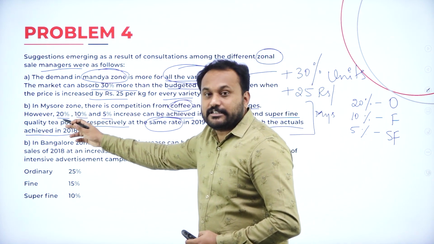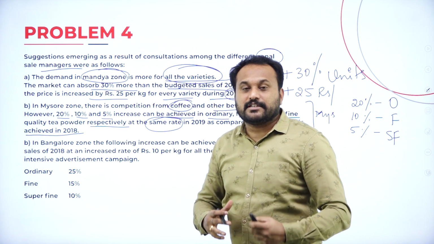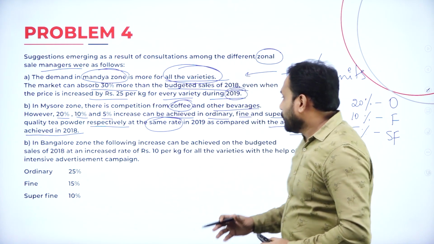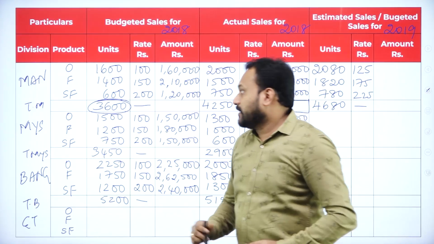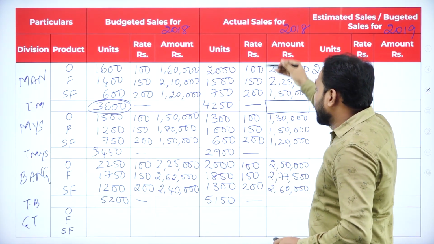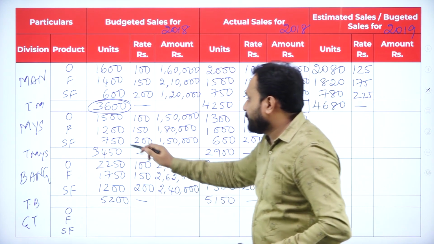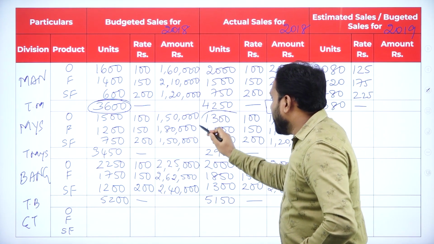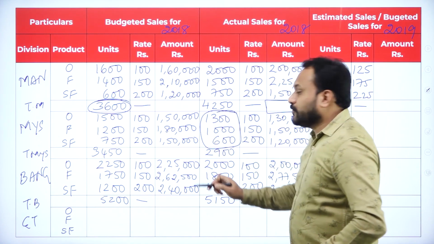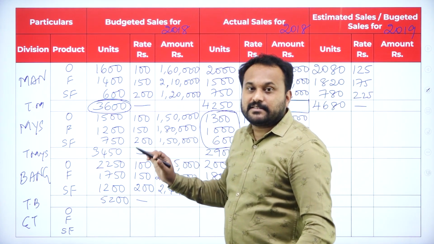So your increase of 20%, 10% and 5% is from actual sales of 2018. What is our actual one? Now understand, this is our actual. So we'll not increase from budgeted, we'll increase from these. These are the actual. Hope you people are able to understand this.